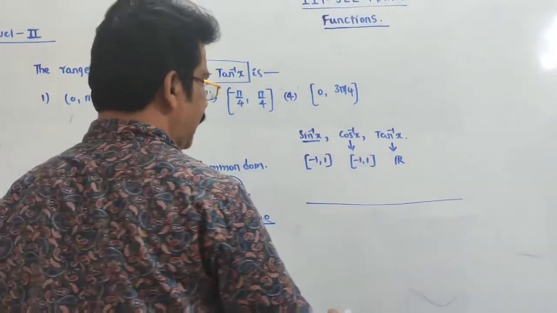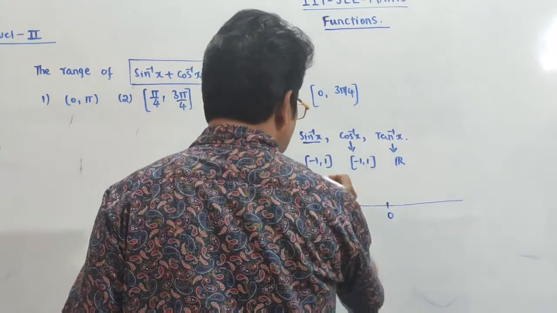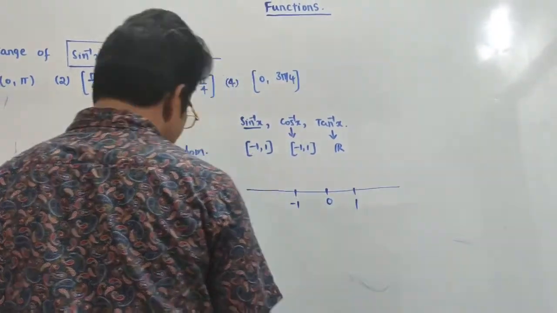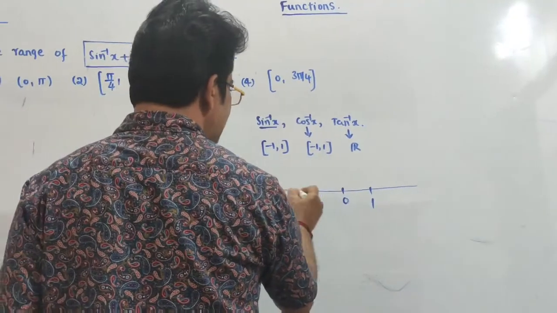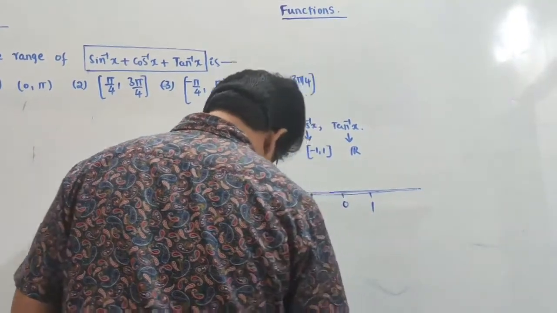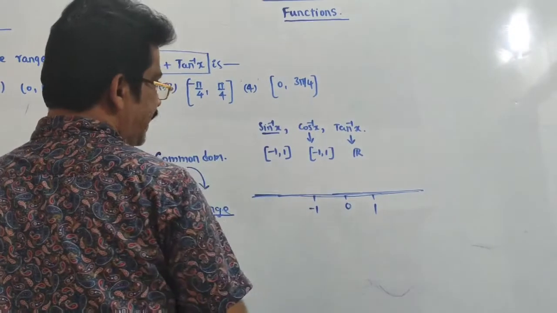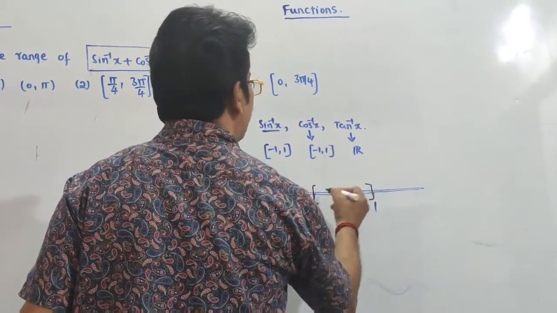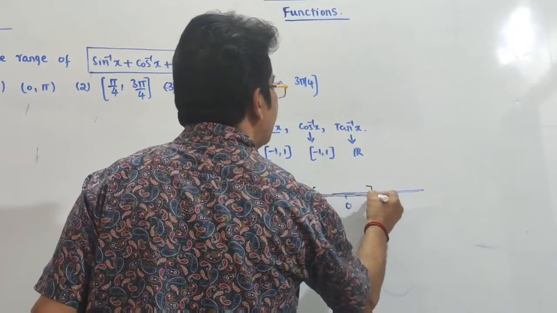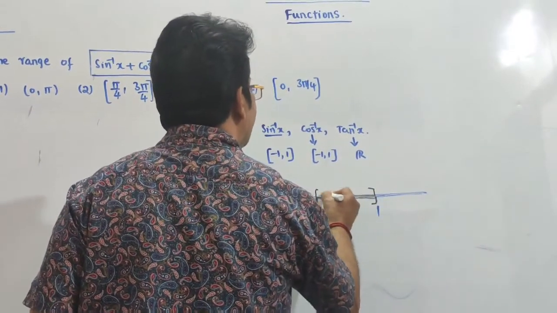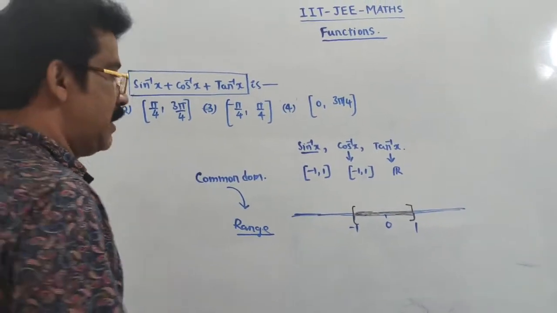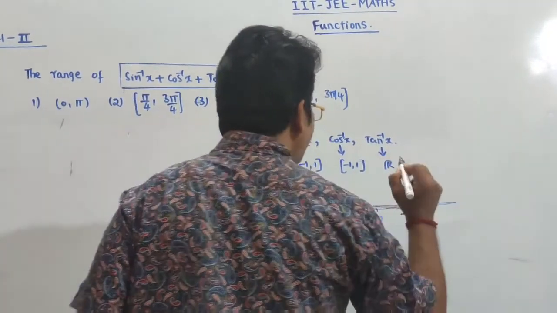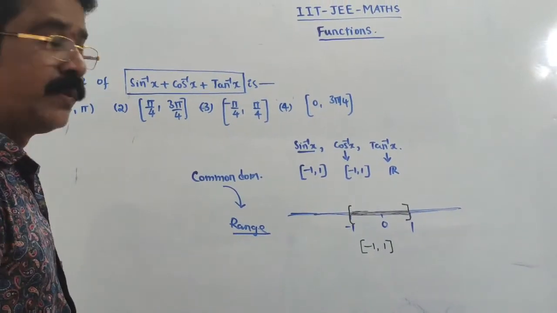Infinite numbers are there, out of which we mark 0, -1, and +1. So total R means the total line. Next, the closed interval of -1, +1 is this area. So where is the common shade of blue and black? The common shaded part is the closed interval of -1, +1.